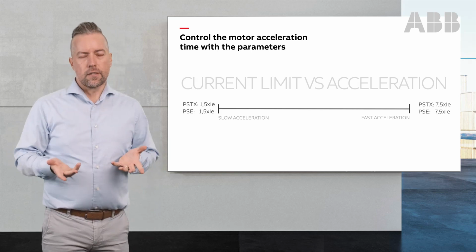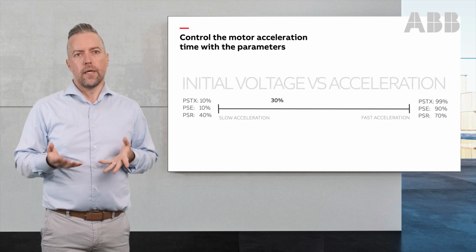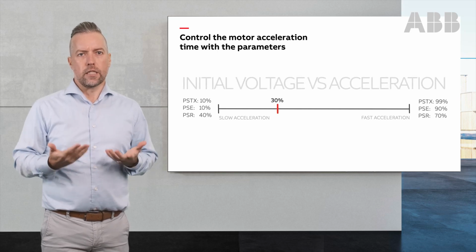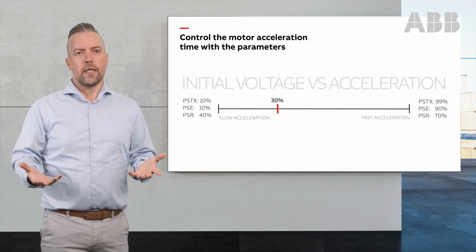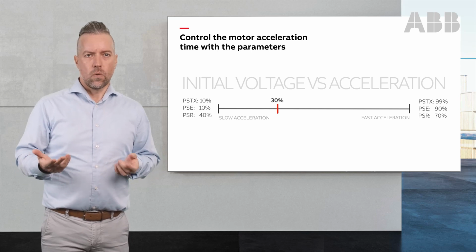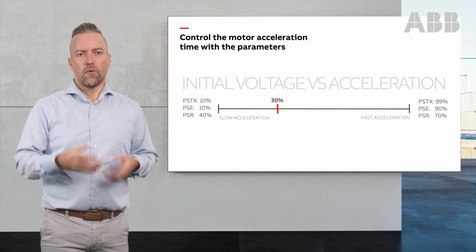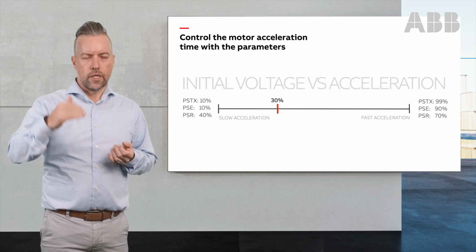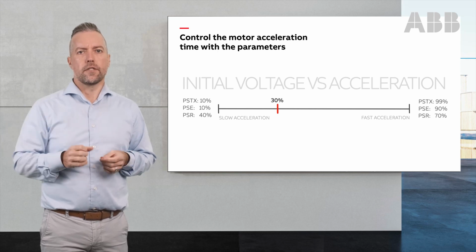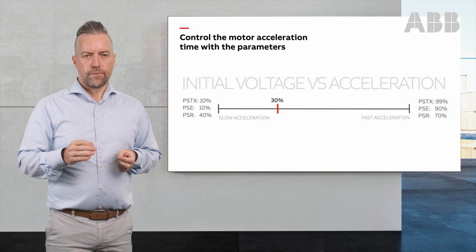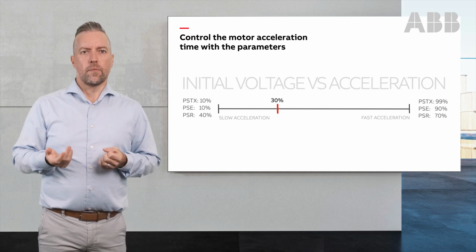And then we have the last parameter that affects acceleration, and that is the initial voltage. So at what voltage percentage we're going to start to ramp up the voltage. A good starting point is 30%.